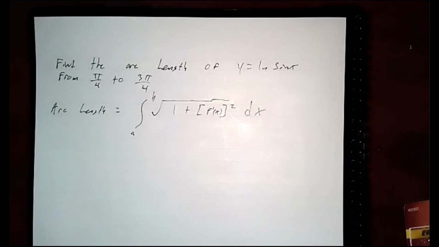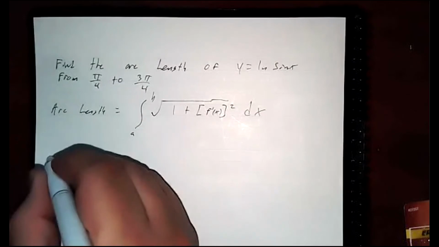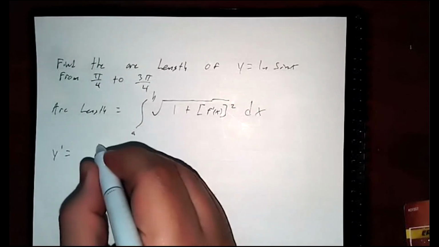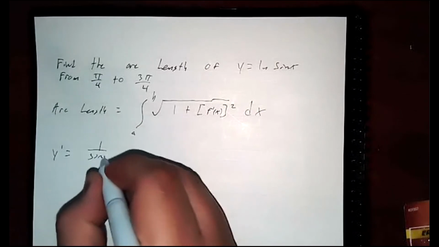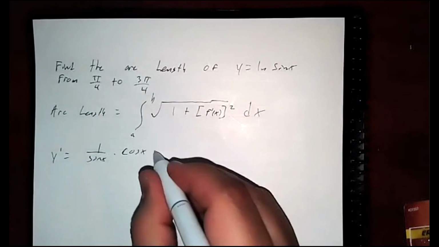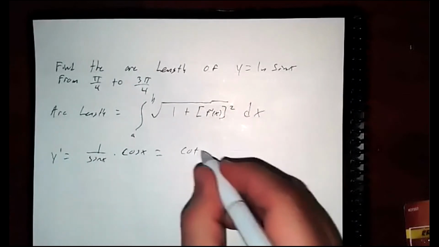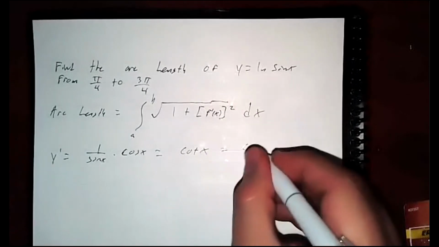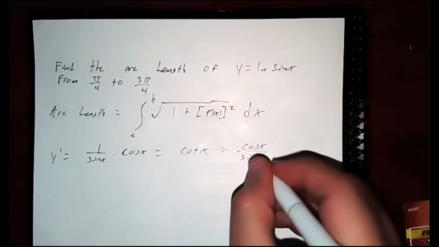All right, so we need the derivative first. So y prime, right? Be equal to 1 over sine x times cosine. So it's equal to cotangent x, right? Or cosine x over sine x. We'll see which one is more helpful.